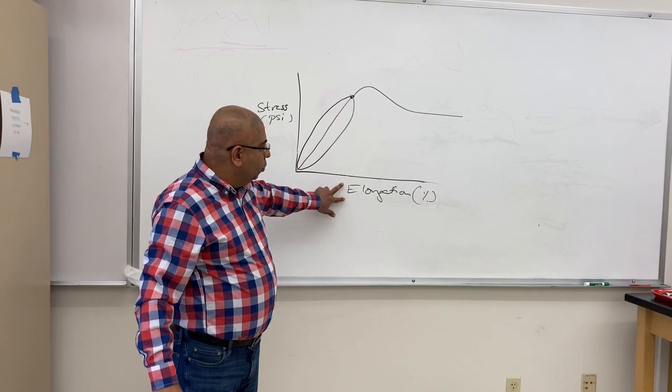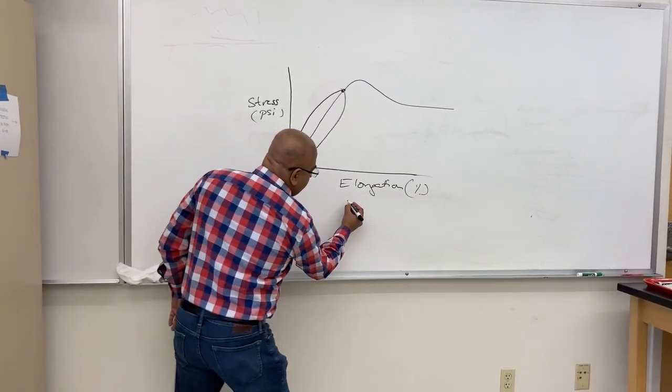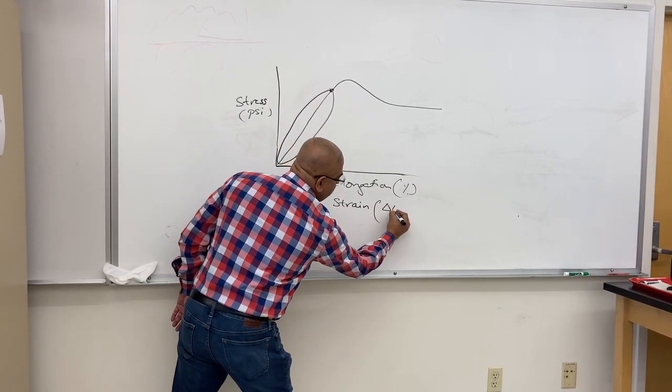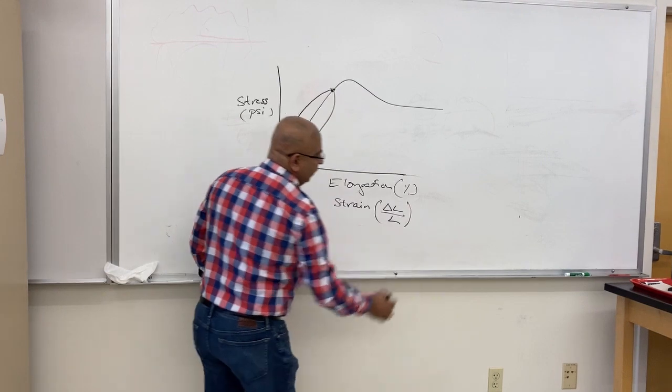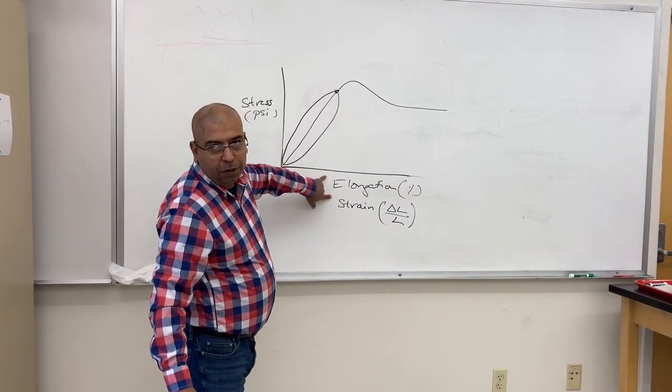Now, sometimes you do not have the word elongation. Elongation is in percentage. Sometimes you have strain, and strain is change in length by original length. Now, if I multiply strain with 100, I get percentage elongation.